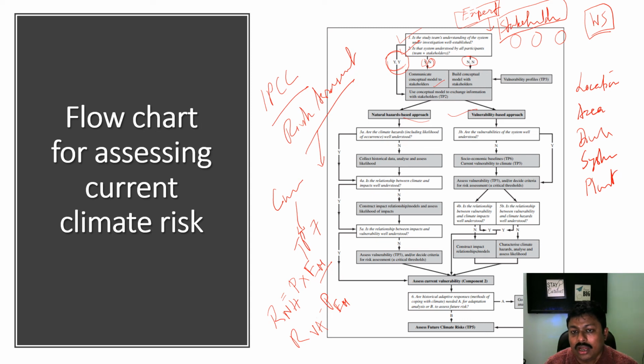Here they have also given some criteria under the natural hazard based approach. Are the climate hazards, including likelihood of occurrence, well understood? The concept must be clear to both the stakeholders and the experts, right? If no, then you have to collect data, analyze the data, and then assess the likelihood.